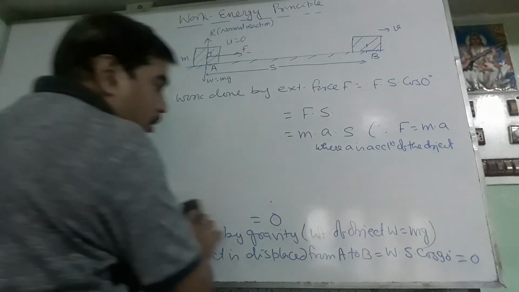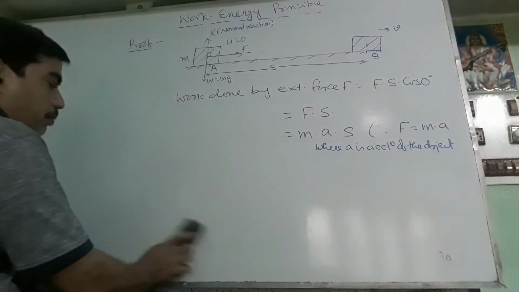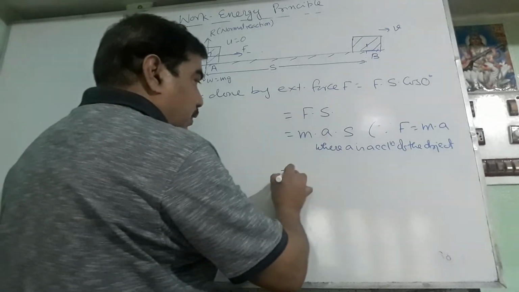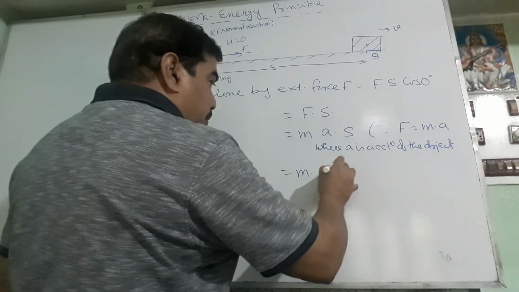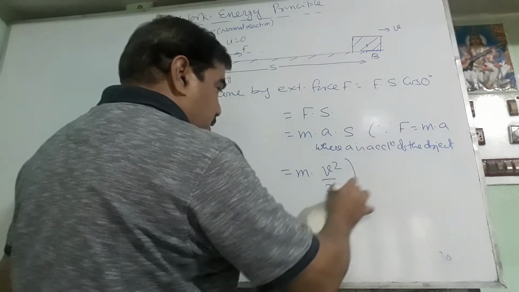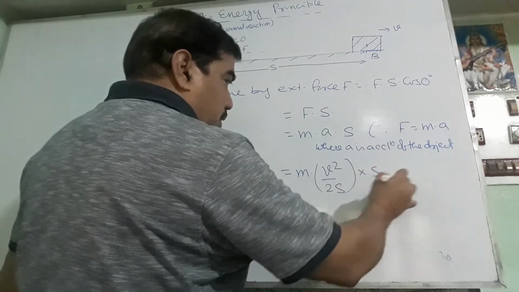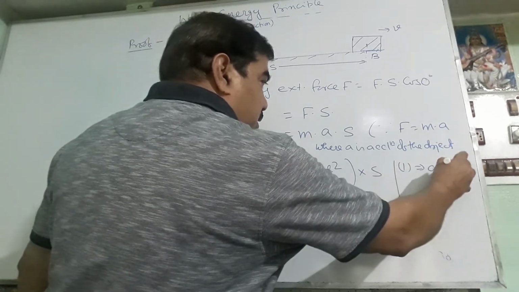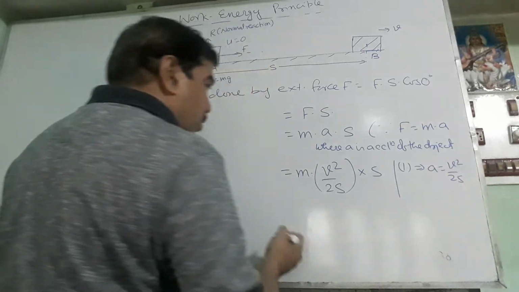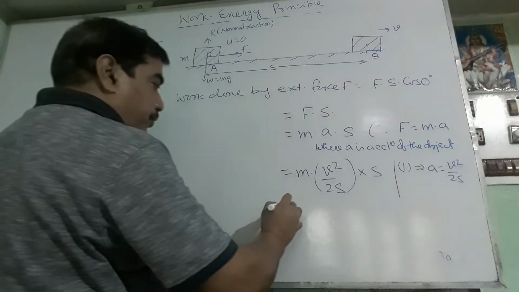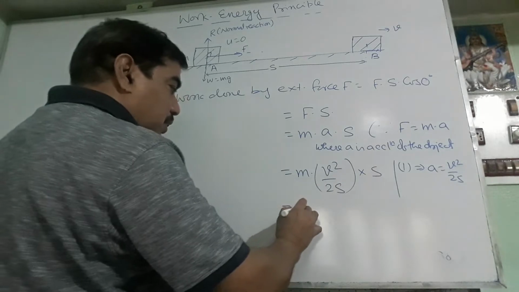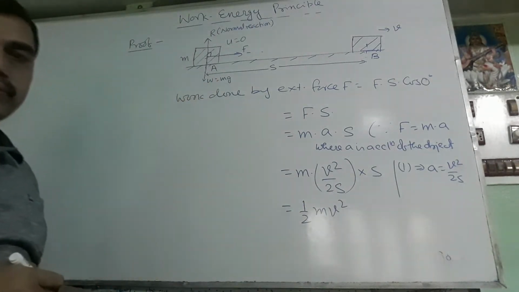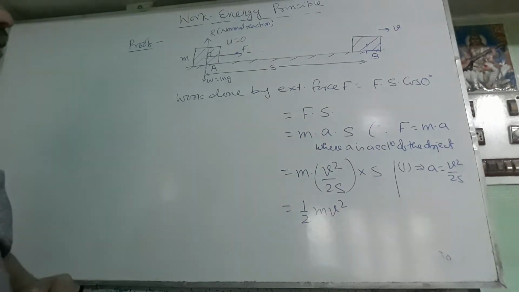Now the acceleration we have got in equation number 1, and that was v square over 2s. So the work is m into v square over 2s into s. From equation 1 we have a as v square by 2s, that we have got already. So this s will cancel, and it will become half mv squared.